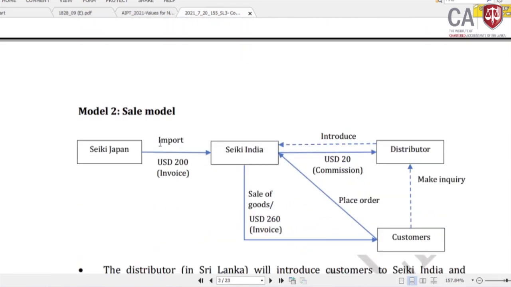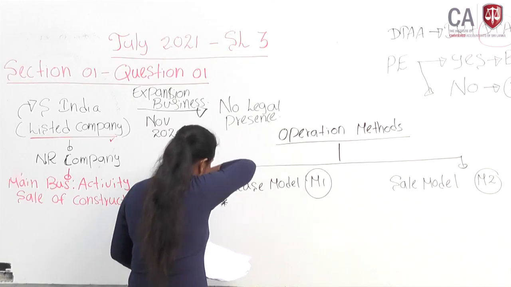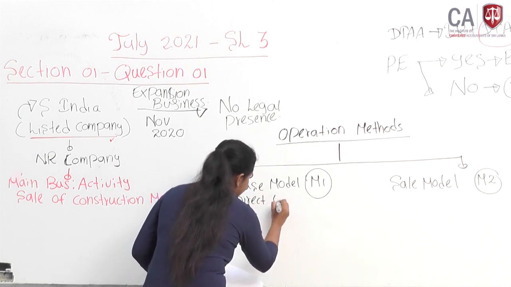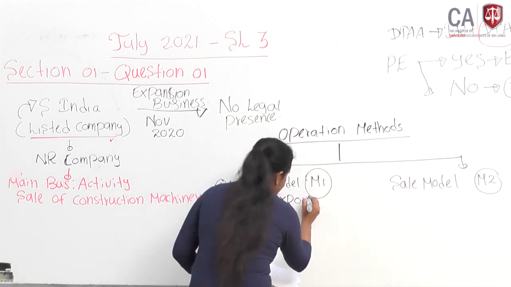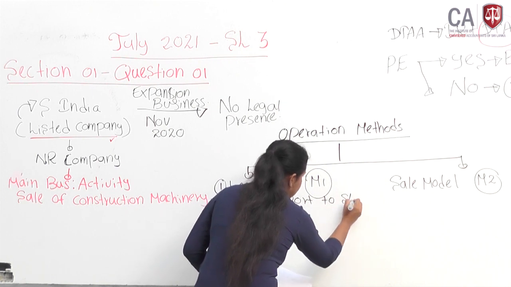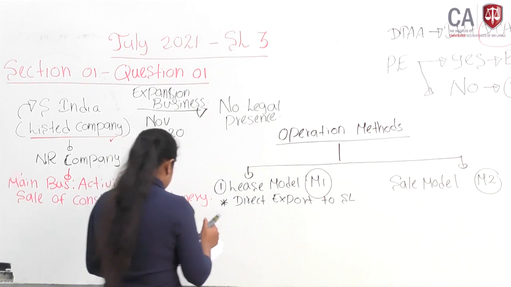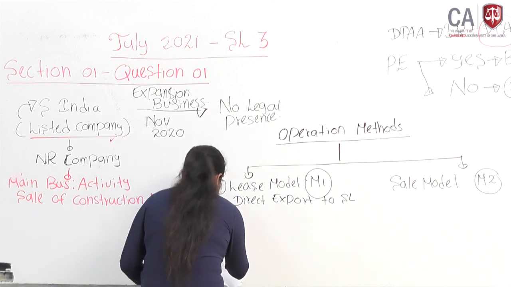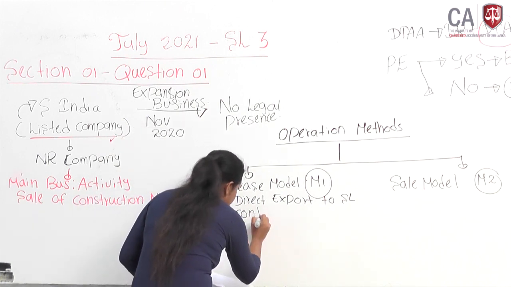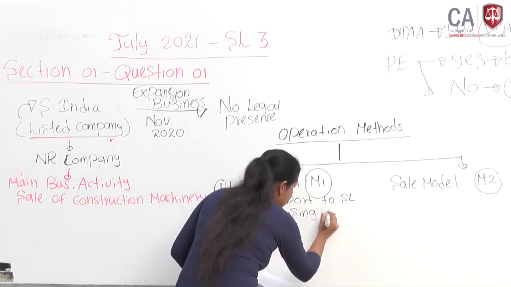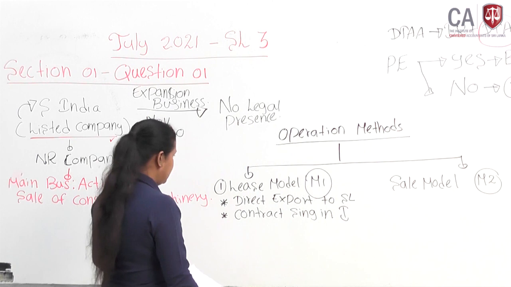Come to the analysis of the lease model. First one is direct export to Sri Lanka. Machineries are directly exported to Sri Lanka. And second one, contract signed in India.